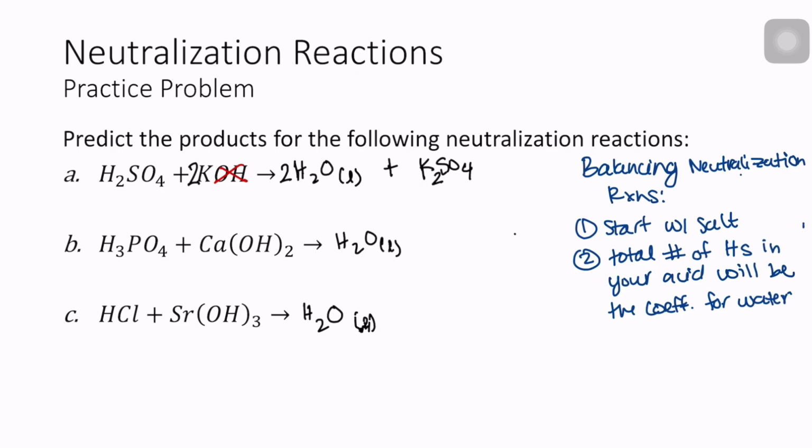The final thing you want to do is double check that it worked. And so you can go through and see if you have the same amount on each side. And for this one, we do. Now, potassium is in group 1. I know that all metals in group 1, all ions of metals in group 1 are soluble, so this is going to be aqueous.